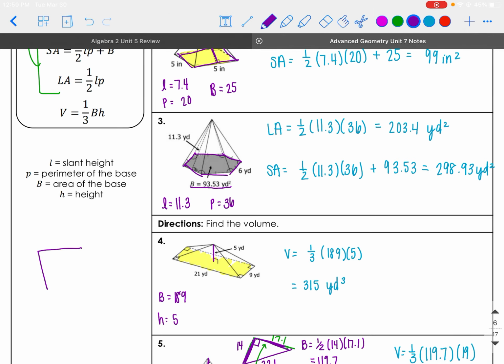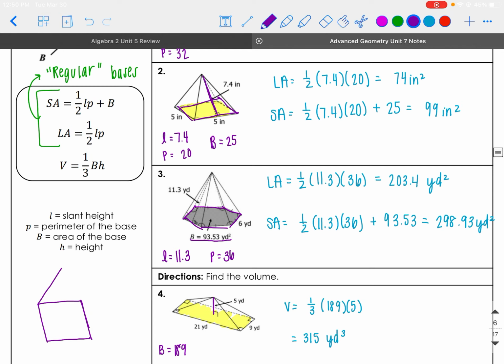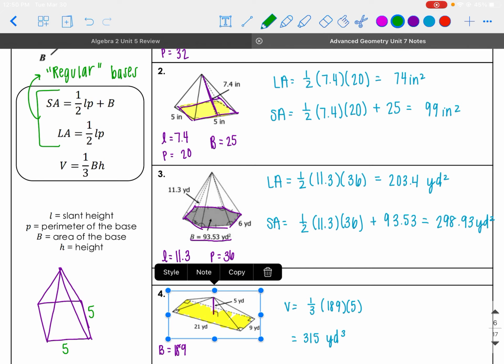I'm going to redraw this. And the slant height was 7.4.